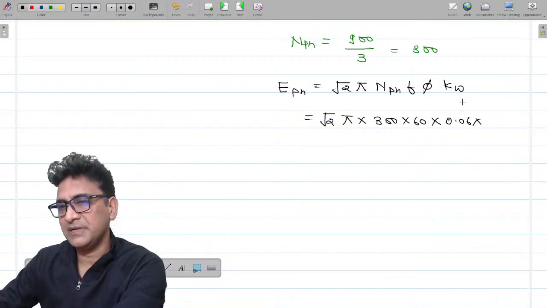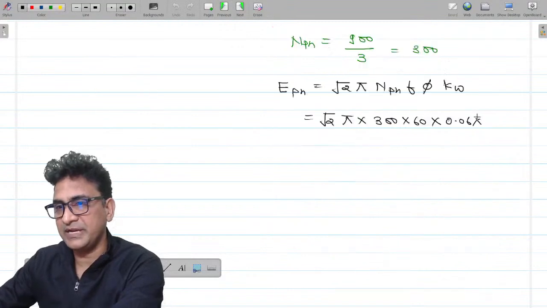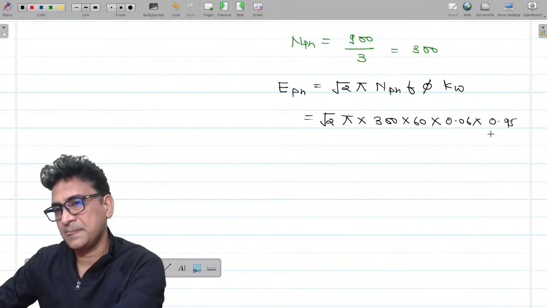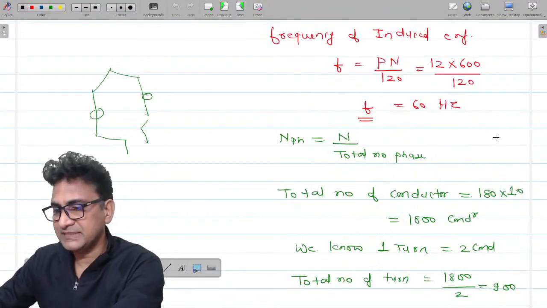Winding factor is the multiplication of pitch factor and distribution factor. Pitch factor is 0.95 and distribution factor is 0.957.